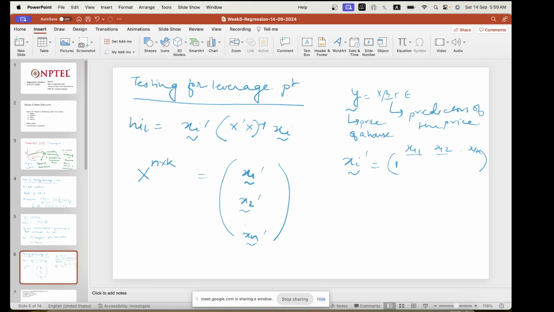If we parameterize it in this manner, then HII is xi prime (X prime X) inverse xi. Here (X prime X) inverse is sort of a normalizing term, so this part is catering to the standardization.